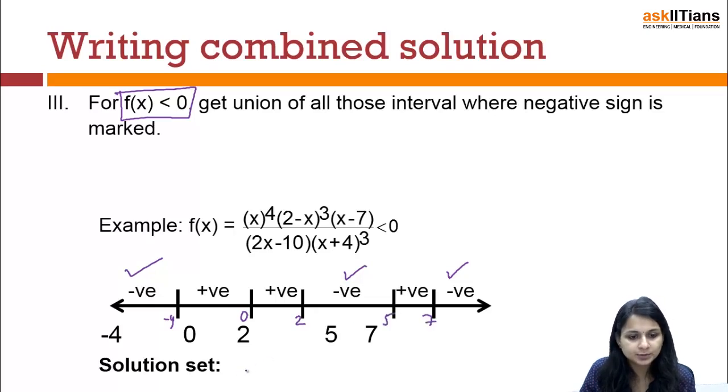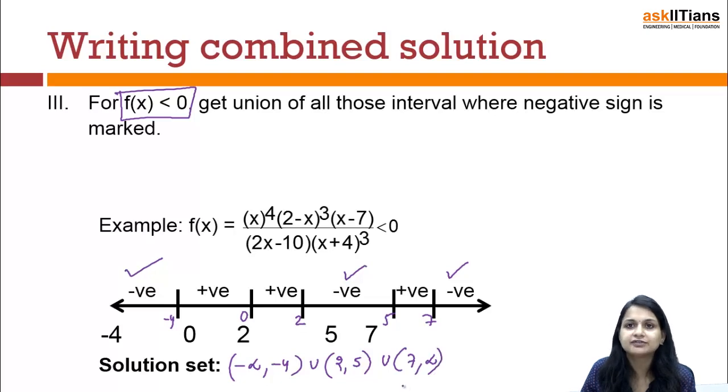The solution set would be: I will start from minus infinity to minus 4, union, now you can easily see that between 2 and 5 it becomes negative, and then after 7, so 7 comma infinity. So this will give me the final answer.